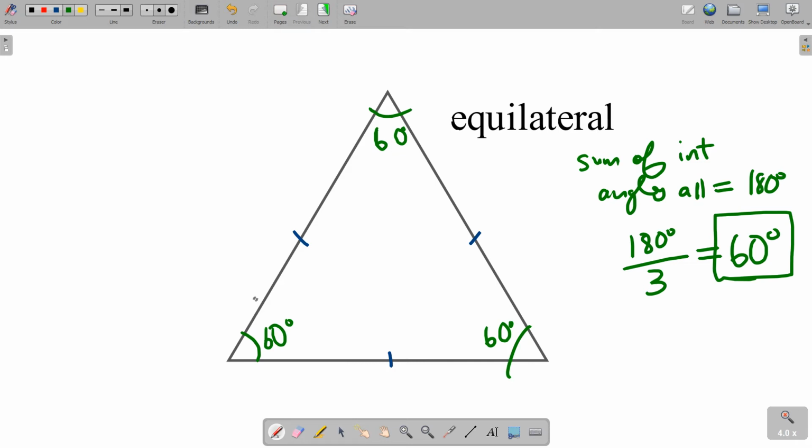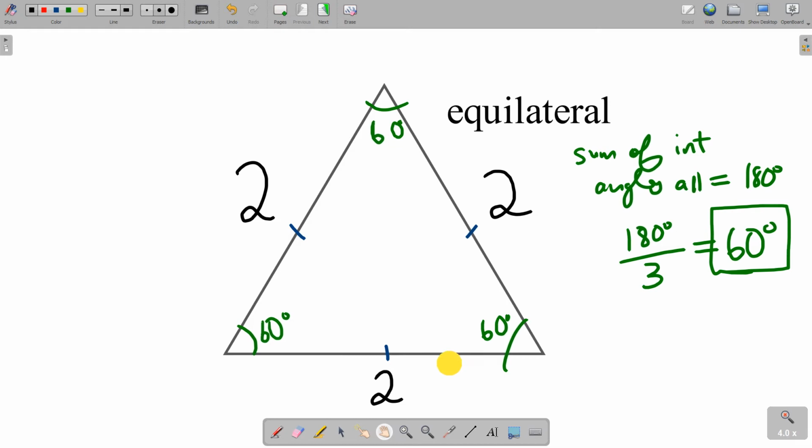Now, here is what I'm going to propose to do. I'm going to make the side length, to save ourselves some headache, 2. 2, 2, 2. Now, there are a couple approaches.